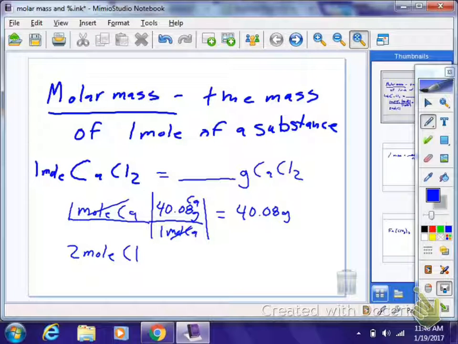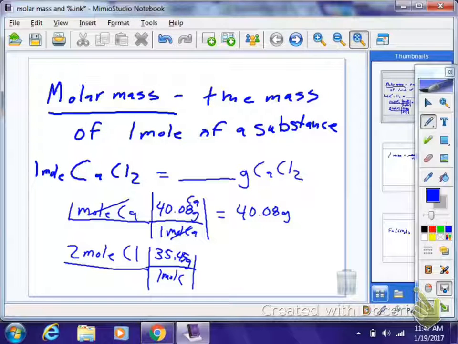We're going to do the same for chlorine. If you look up chlorine on your sheet, it'll say it's 35.453. I'm just going to go to the hundredths spot. So I'm just going to say for every 1 mole of chlorine, I have 35.45 grams.